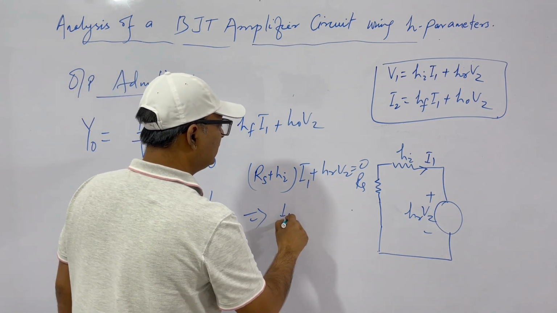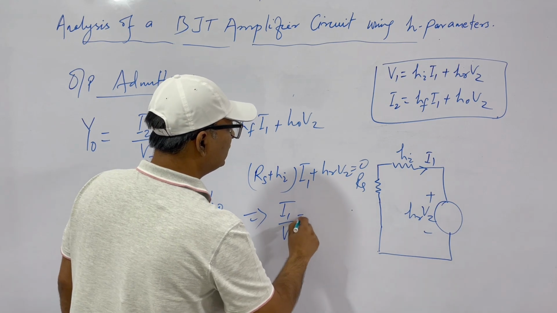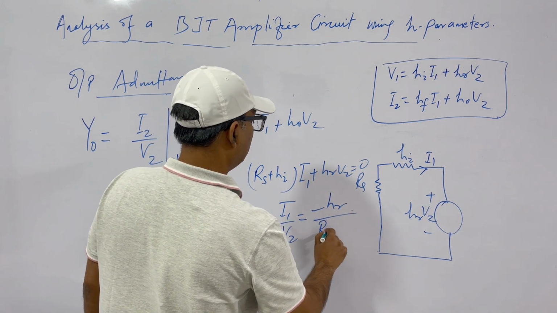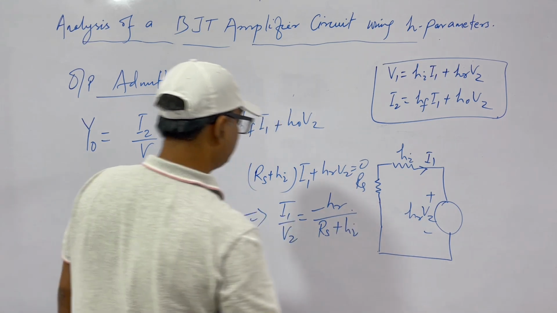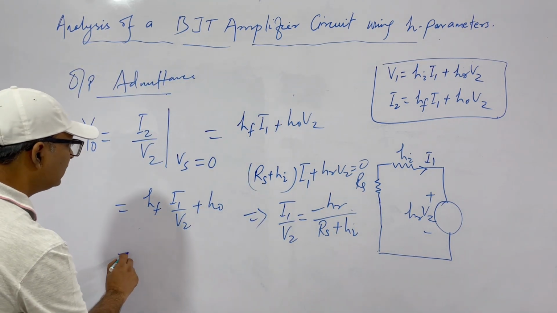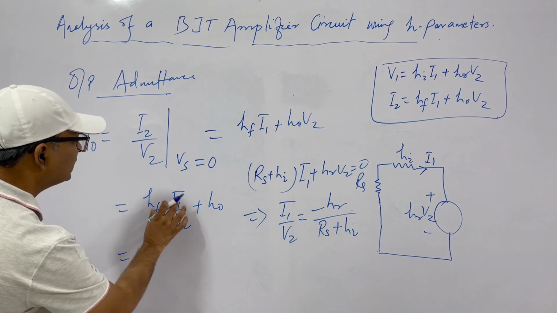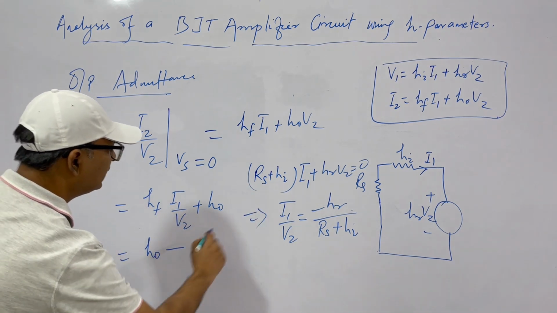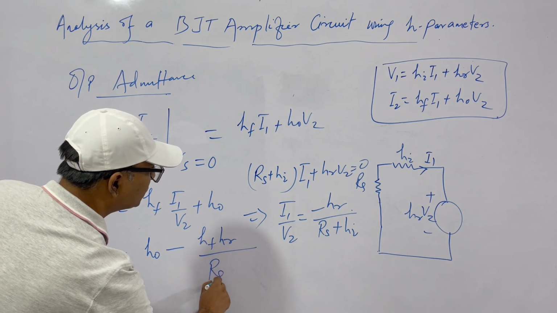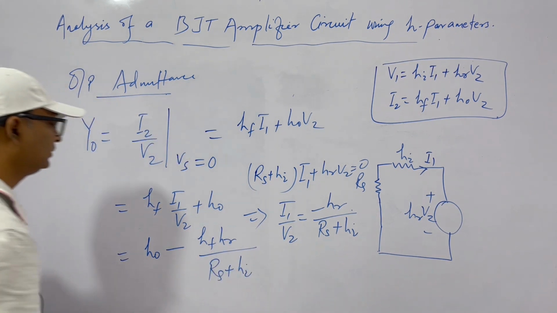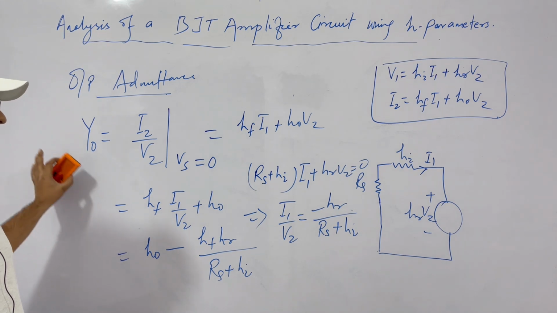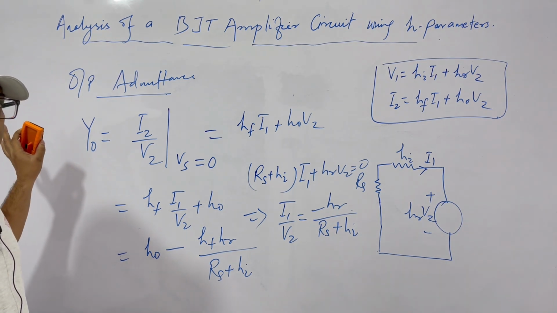So I1 by V2 is equal to minus HR by RS plus HI. So I'm putting it here. What we will get? This is HO. This will become minus. So Y0 is HO minus HF into HR by RS plus HI. So this is the expression for Y0, output admittance. Hope you have understood this.